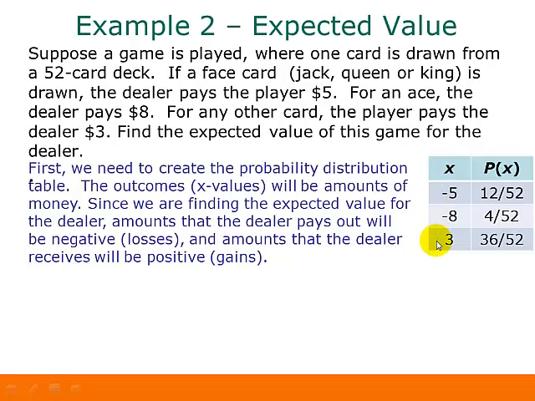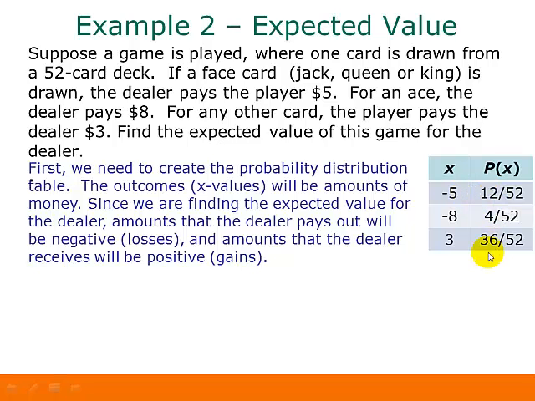The three different outcomes are that the dealer pays the player $5, which means the dealer is losing $5, so we make that a negative number. Another outcome is that the dealer pays out $8, so we'd have -8. And the third outcome is that the player pays the dealer $3. So here the dealer is gaining $3, so that's a positive 3.